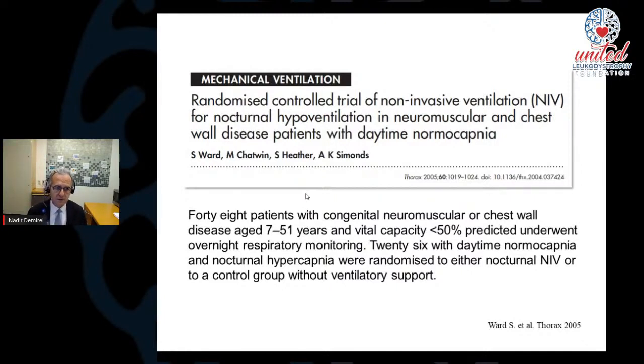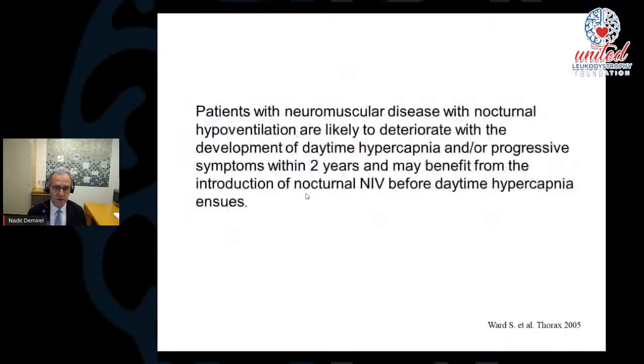You cannot do a study like that today because everybody with a high carbon dioxide level during sleep needs to get non-invasive ventilation. You cannot just leave them alone. But at that time, it wasn't certain that non-invasive ventilation was beneficial. So they did this study.